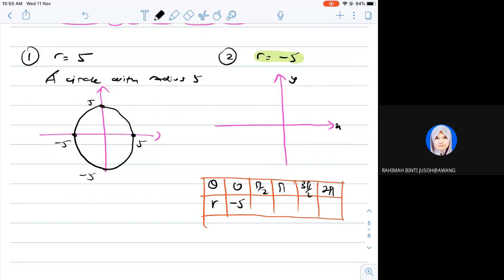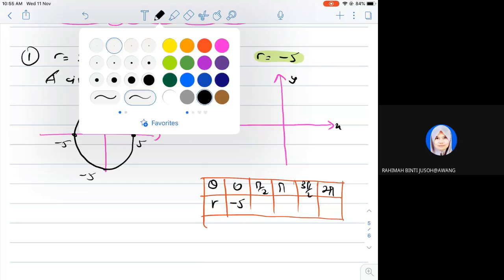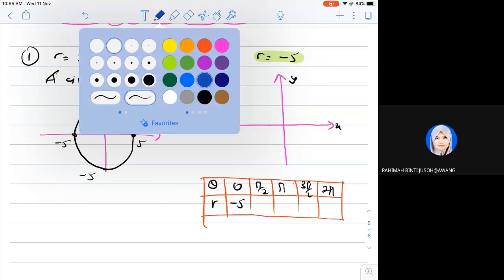Listen here. Your radius is negative. Remember, radius negative means we have to reflect. Suppose angle equals 0, it belongs here.